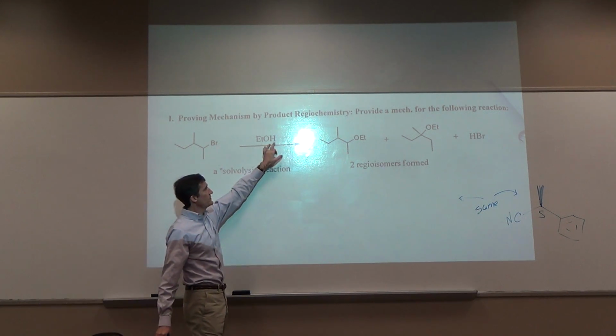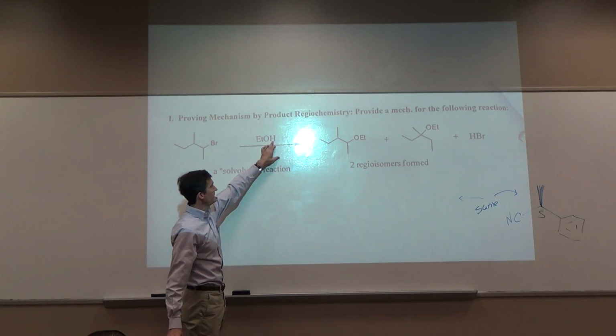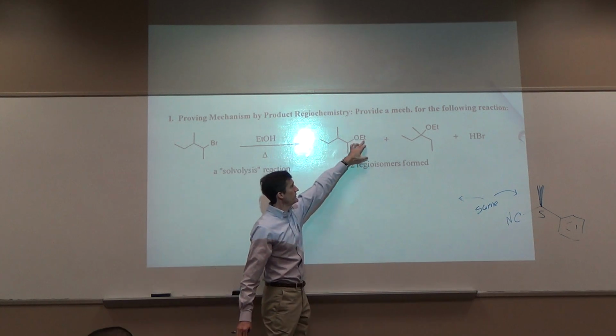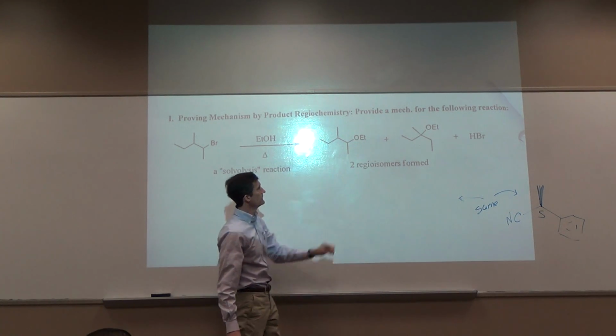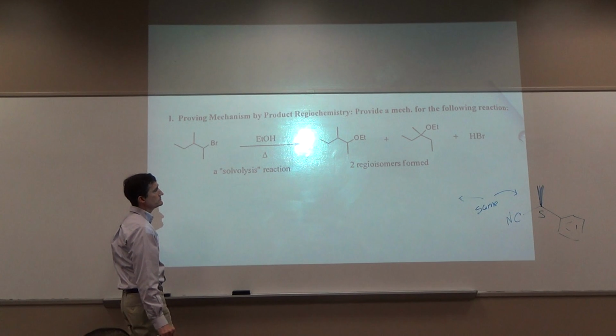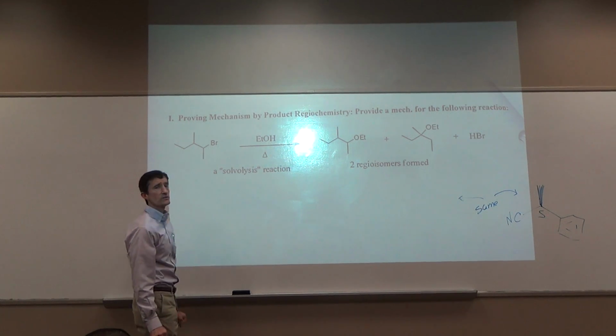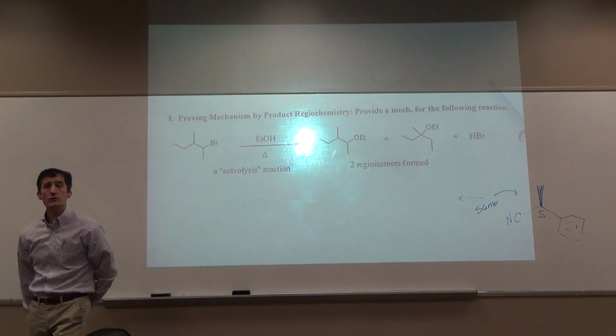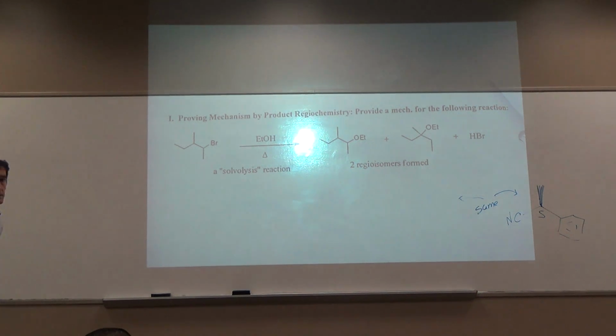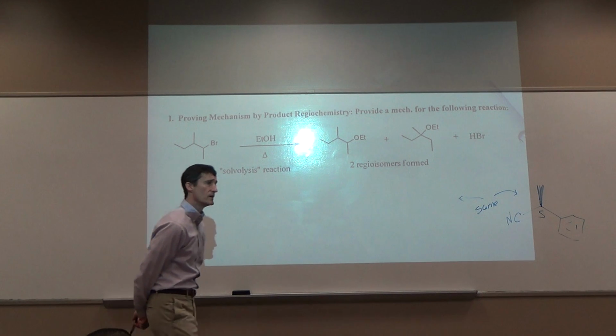Now, when your nucleophile is neutral, you're going to have to lose an H for this to be neutral. So that's just lost an H. So this is a substitution. Is this an SN1 or SN2 though? Flat white SN1.